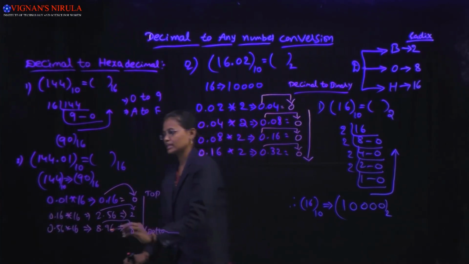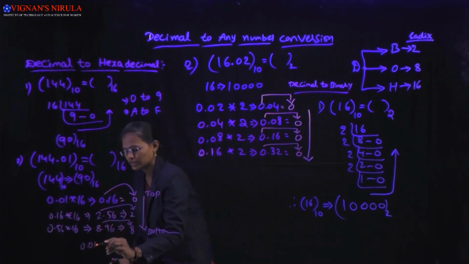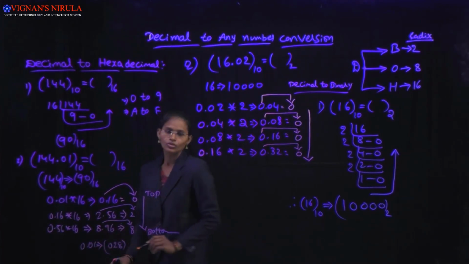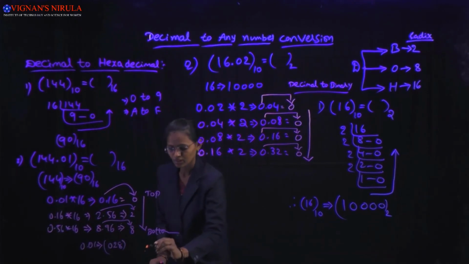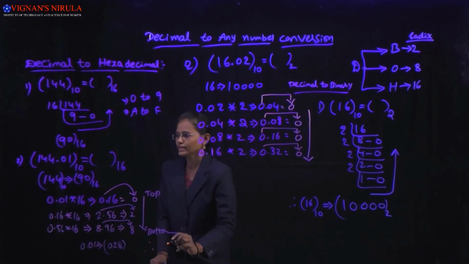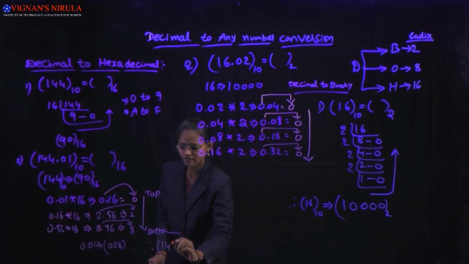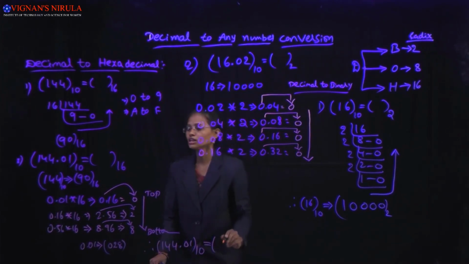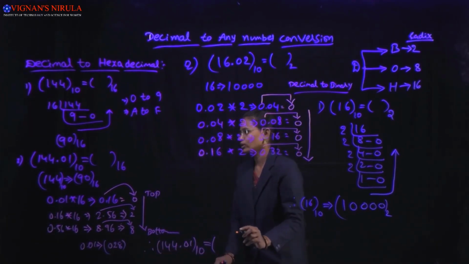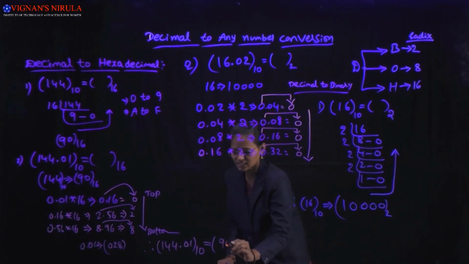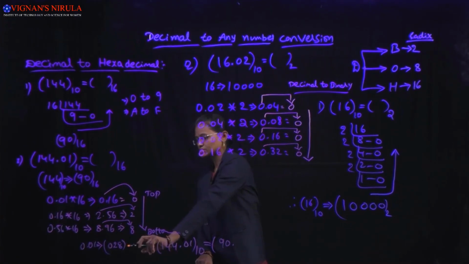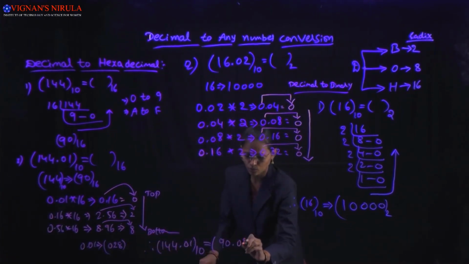This number is 0.01, and the fractional hexadecimal value is 0.028. Finally, the decimal number 144.01, then you got the hexadecimal: 144 is hexadecimal 90, and 0.01 is hexadecimal 0.028.